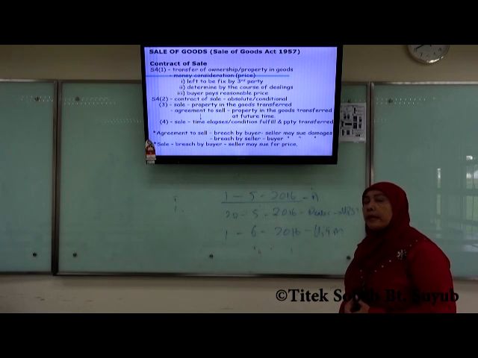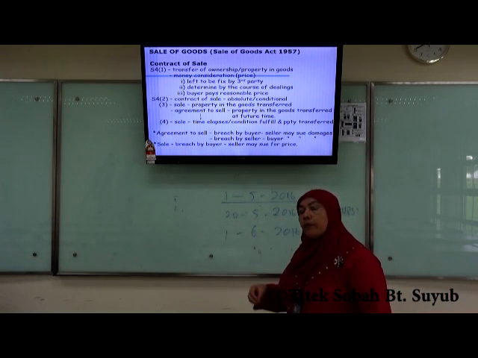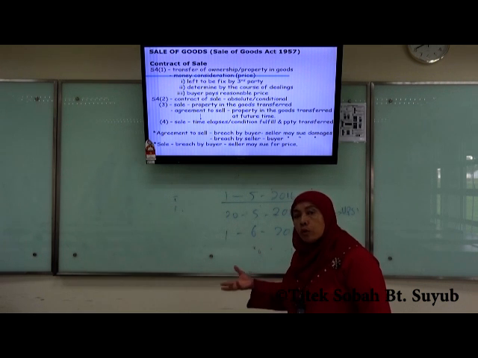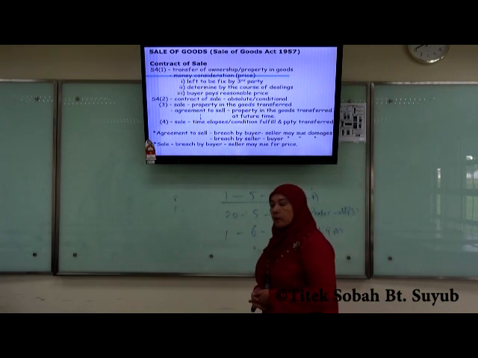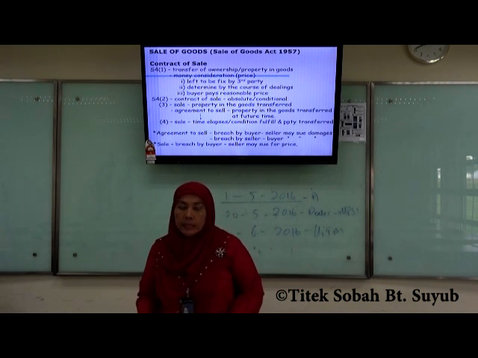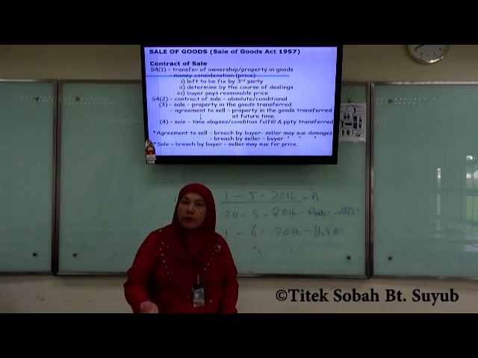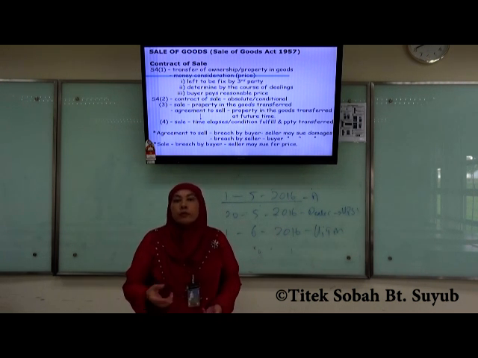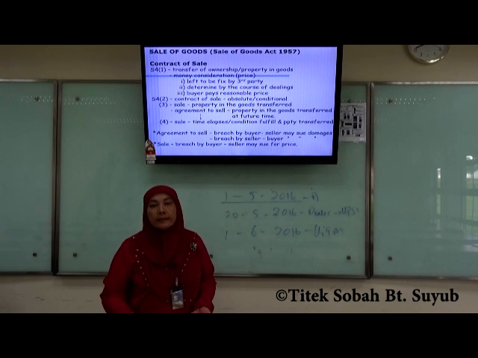A contract of sale can be absolute or conditional. If it's absolute, meaning there is no condition attached to the contract of sale. However, if it's conditional, then there is a condition which needs to be fulfilled first. So if a buyer wanted to buy cigarettes, the buyer must reach 18 years old.